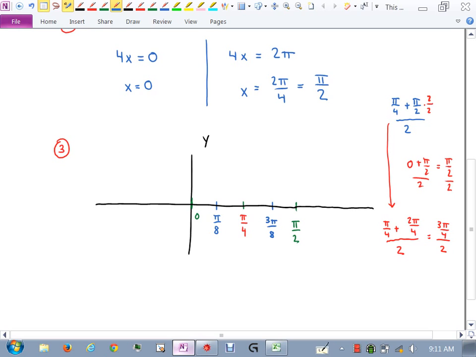All right, so now we know that this looks like a cosine curve, but what we need to do is figure out where the points are. Right now we think that the amplitude being 3, we feel pretty confident that it's probably going to look like this. Now don't draw this yet. We think that the first point's going to be up here, the last point's going to be up here, for cosine.